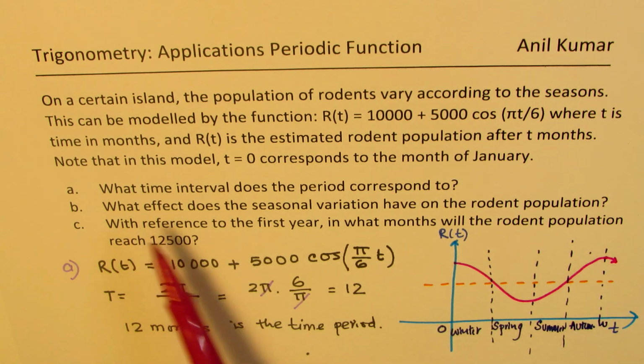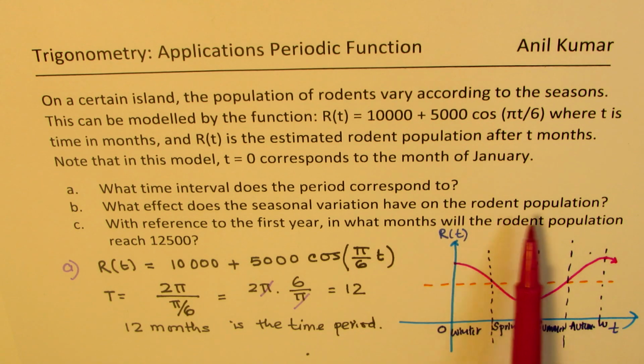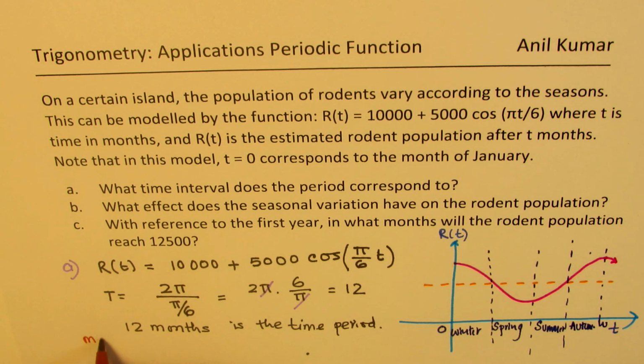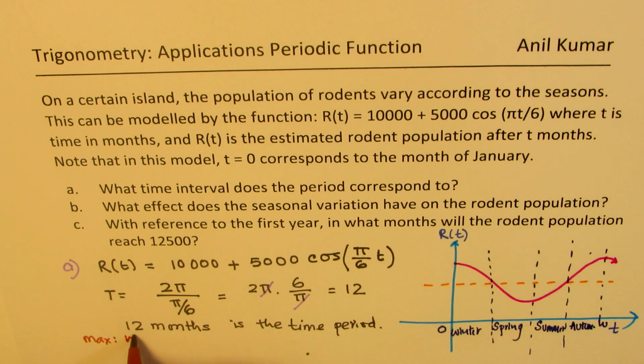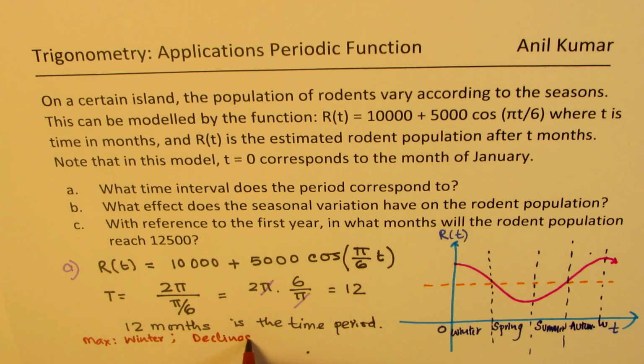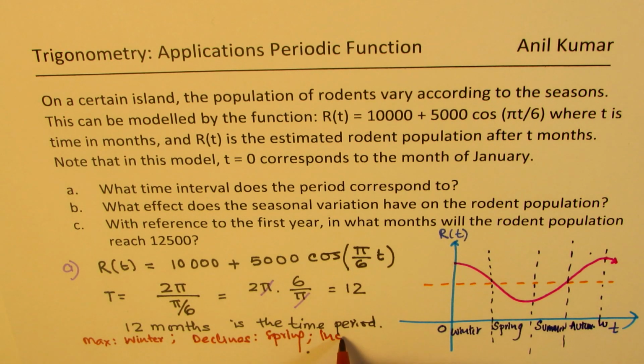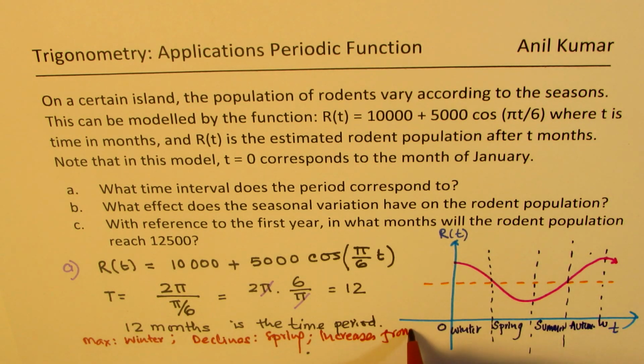So what effect does seasonal variation have on the rodent population? We can say that it is maximum during the winter season. It actually declines during spring, and then increases from summer.